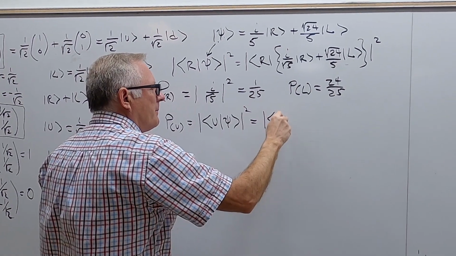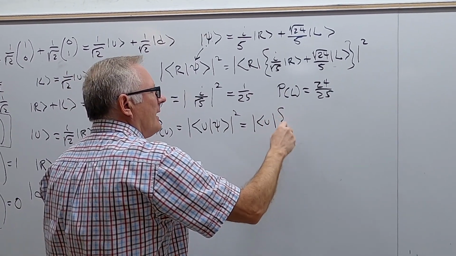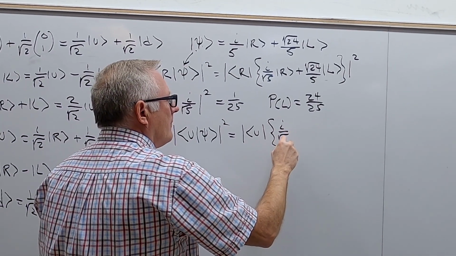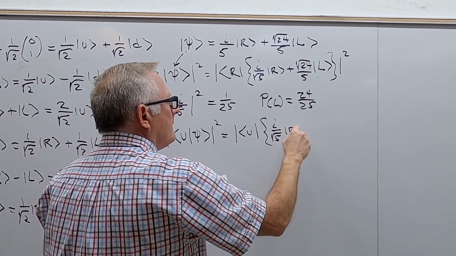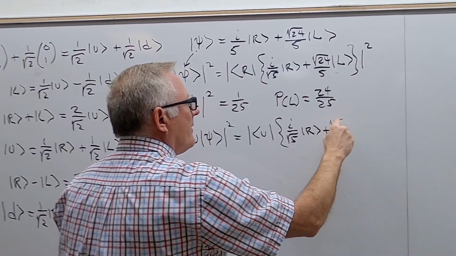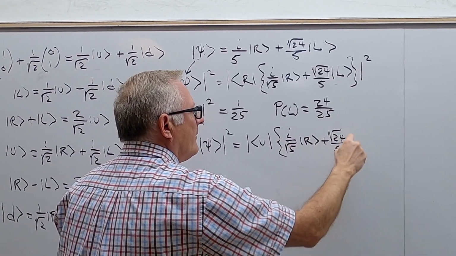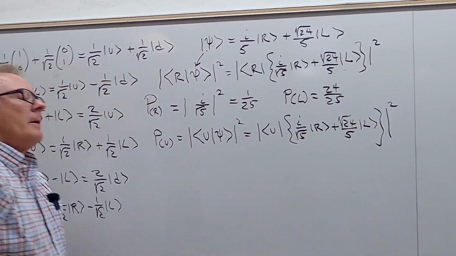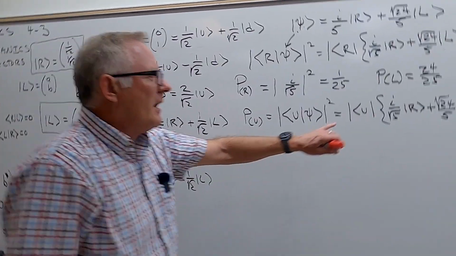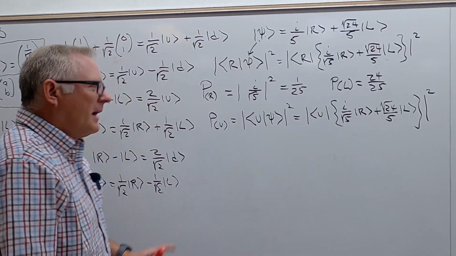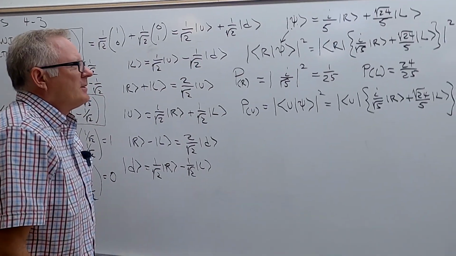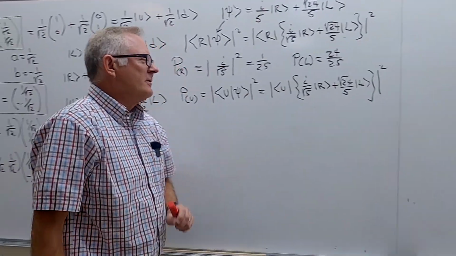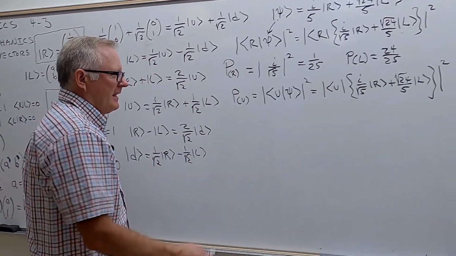So we got an up, and then we've got i over the square root of 5 right plus the square root of 24 over 5 left. Okay, but I don't know what up-right is right here. But what I can do is I can turn my rights into ups and downs, and I can turn my lefts into ups and downs.